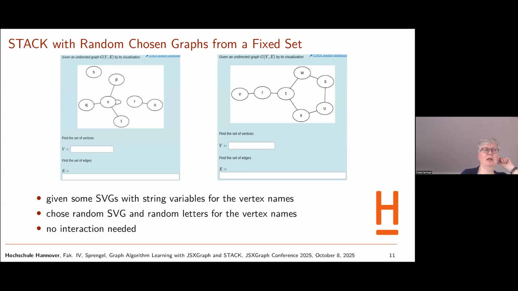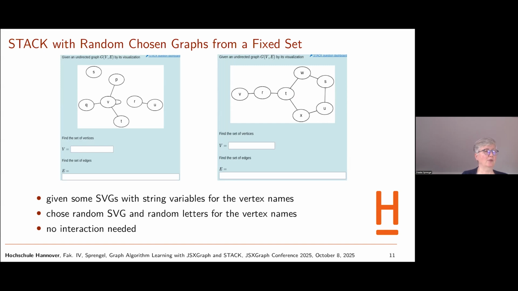And we already had some STACK questions for graphs where we had some randomization. So maybe you have some pictures of the graph, and you randomize over the pictures, and you randomize over the letters for the vertex names.